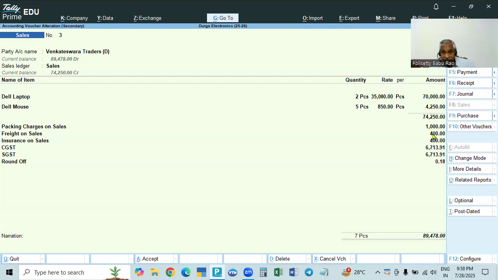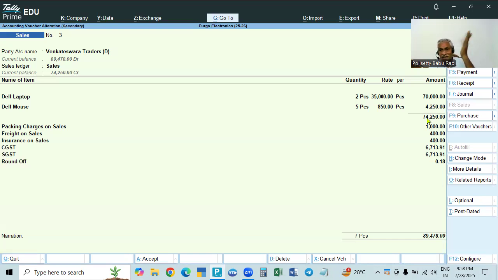Sometimes these are not added to the items, and the tax for the expenses is calculated separately. So now, irrespective of the rate and value of the items, these will be calculated at the normal rate of GST. That is, for services, the normal rate is 18%. For all these three, without adding them to the items, they are calculated separately at 18%.